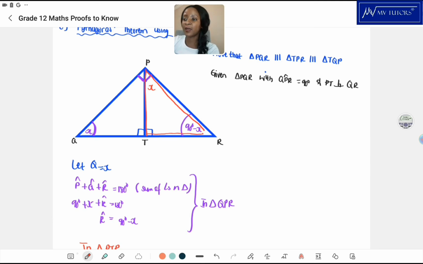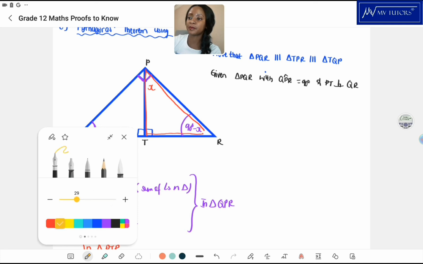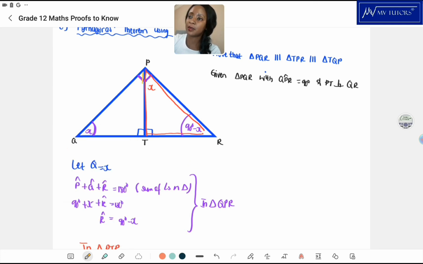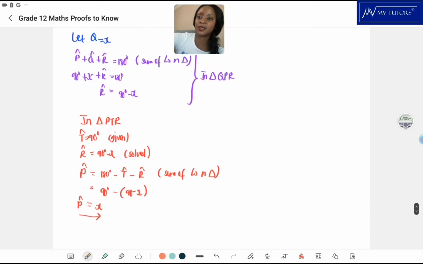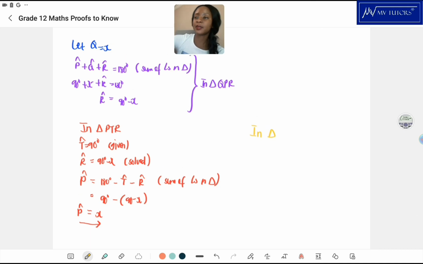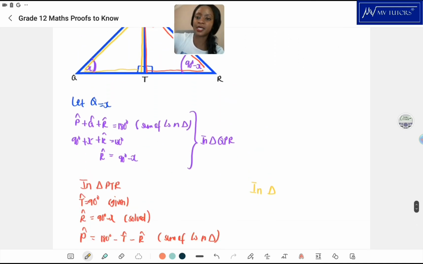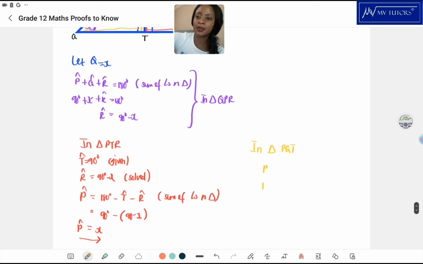And then if we have a look at the other triangle, QPT, indicate it like this. In triangle PQT, I have that T is equal to 90.